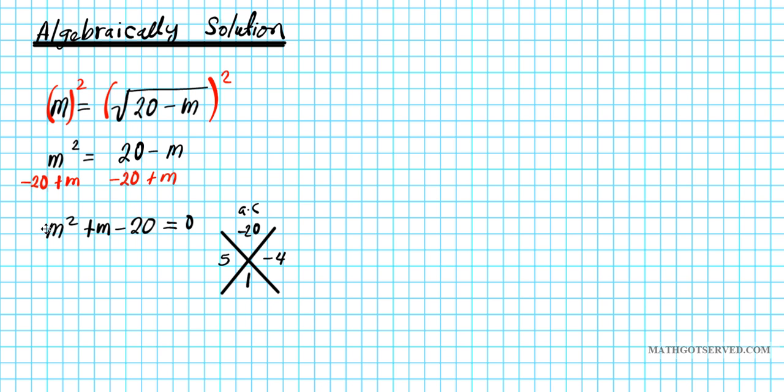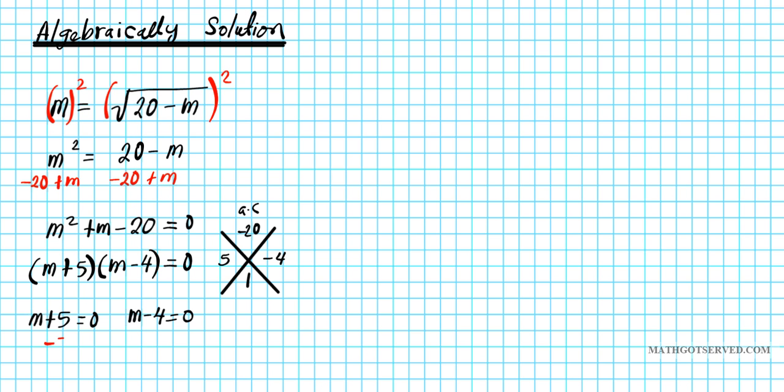Now, since A is equal to 1 in this problem, we can jump to the factored state. We do not need to factor by grouping here, so we have m plus 5 times m minus 4 equals 0. Now we're going to set both factors equal to 0 using the zero product property and solve them independently.